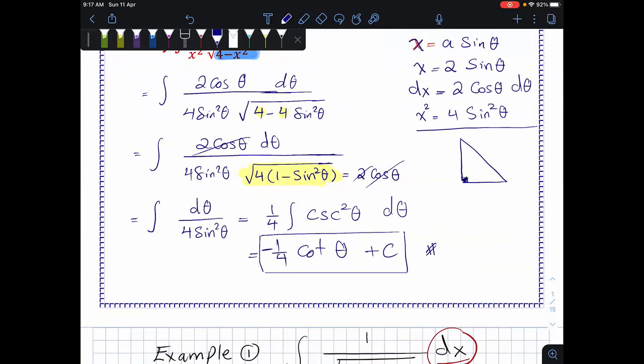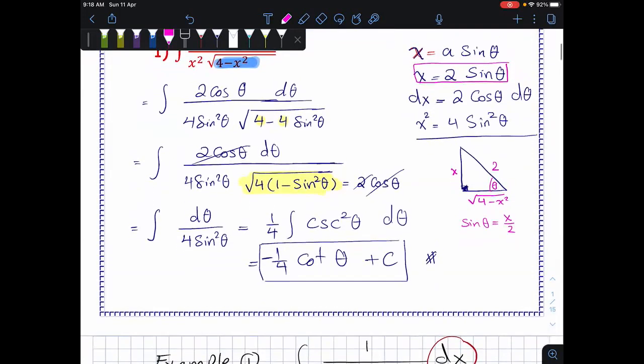Sine theta equals x over 2, since x equals 2 sine theta. So the opposite side is x, the hypotenuse is 2, and the adjacent side is root of 4 minus x squared.